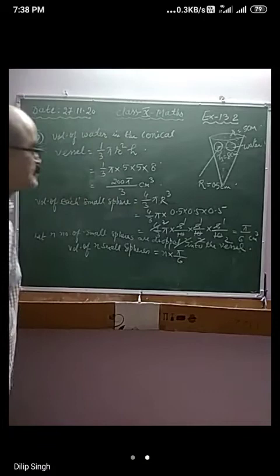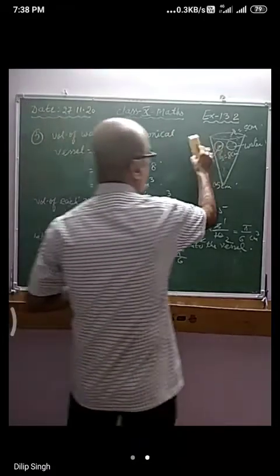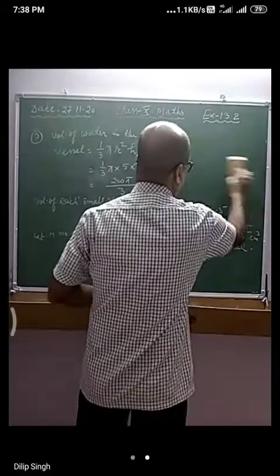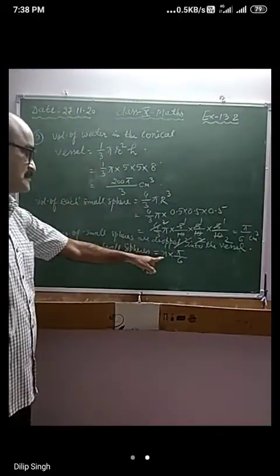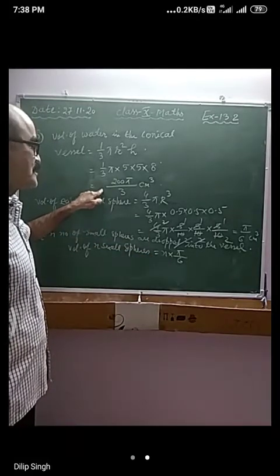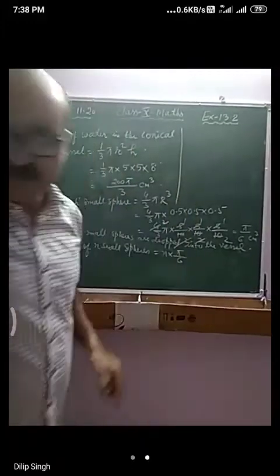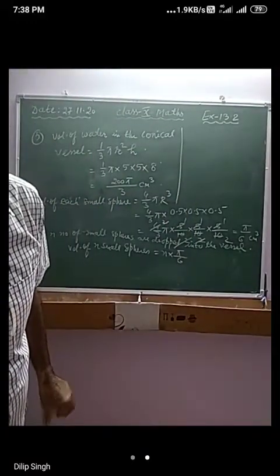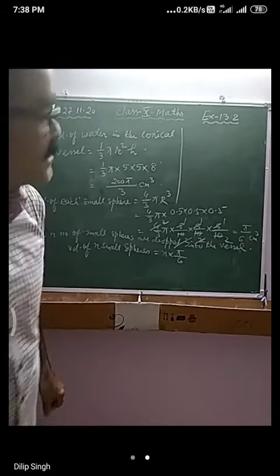Okay. Now I am rubbing this portion, and when small balls are dropped into the vessel, how much water is flowing out? That is 1/4 of the water flows out, right?